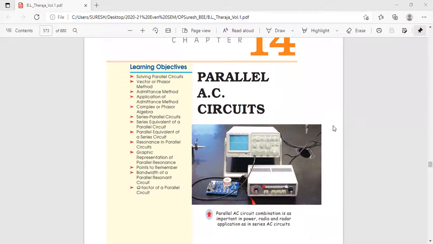Suppose in DC, if two resistances R1 and R2 are in parallel, what is the equivalent resistance? Tell me.